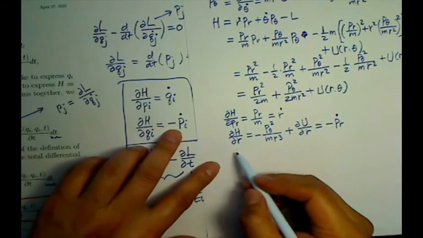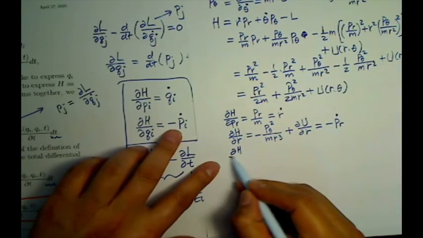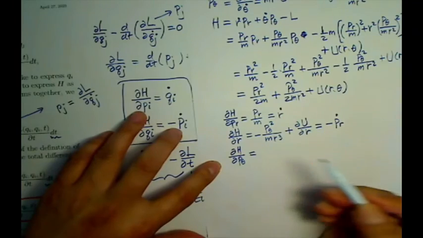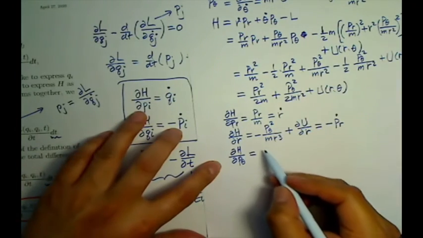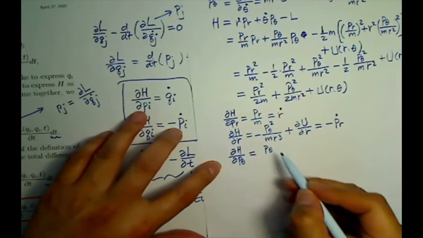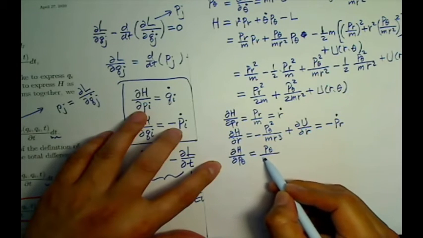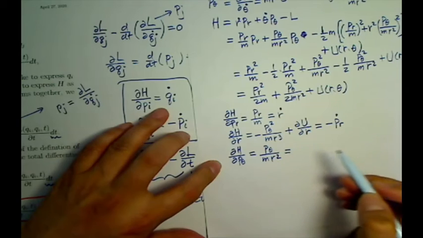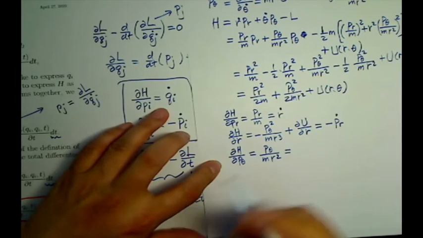And then the momentum p theta over m r squared, that is theta dot.